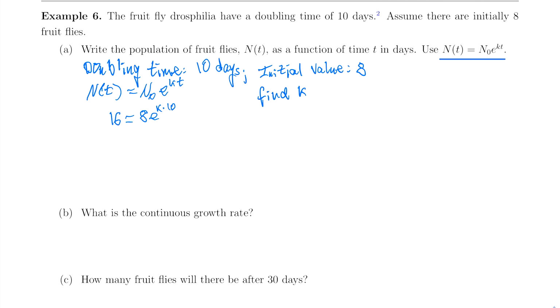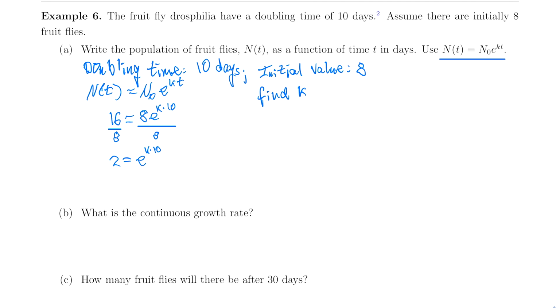So that means we have 10 days in the exponent. So again, we divide both sides by 8, and we end up again with 2 equals e to something, in this case k times 10, or 10k either way. And so we see that really all we have to write is 2 and say we have an initial value of 1, and we get our doubling time, or can keep working with our doubling time.